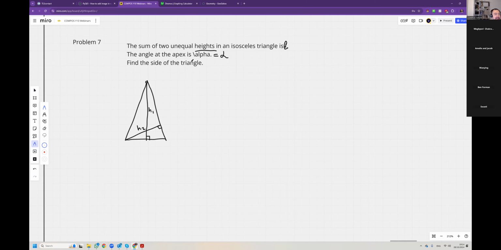The angle at the apex is alpha. So the whole angle is alpha, which makes this angle alpha over 2. And the side of the triangle, let's call it A. So let A be the side of the triangle.